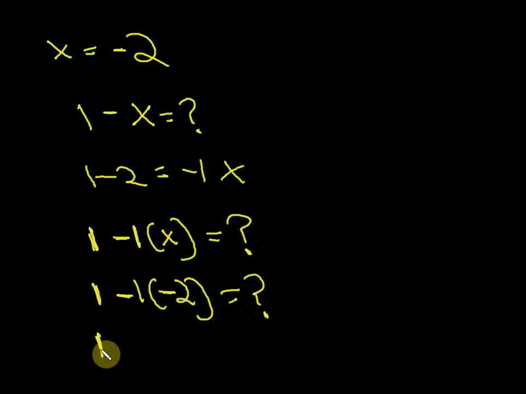So it'll be 1 plus 2 is equal to 3. So that's a little caveat that I see a lot of students get mixed up on. But again, you should have the basics down on these various different ways to approach these algebraic concepts.